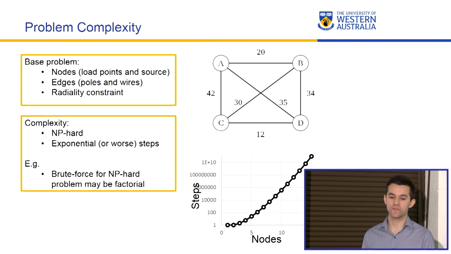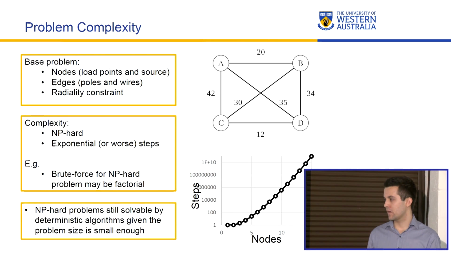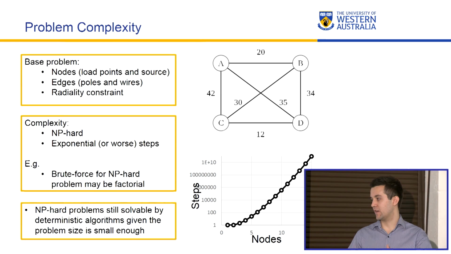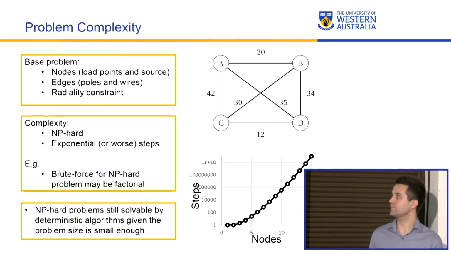So if you're already at 1 trillion steps by the 15th node, you can see very quickly, if you add in a few more nodes and a few more customers until you get to the size of a power network, it will quickly run into a situation which you just cannot solve. So these problems, while they are solvable for small situations, aren't solvable by deterministic algorithms for large cases.